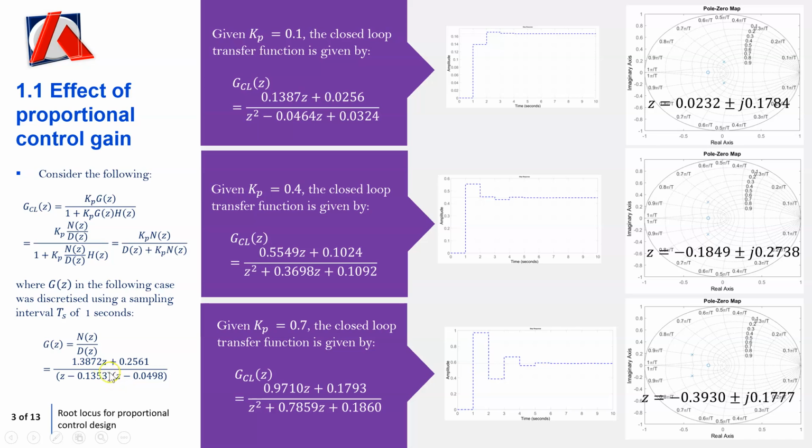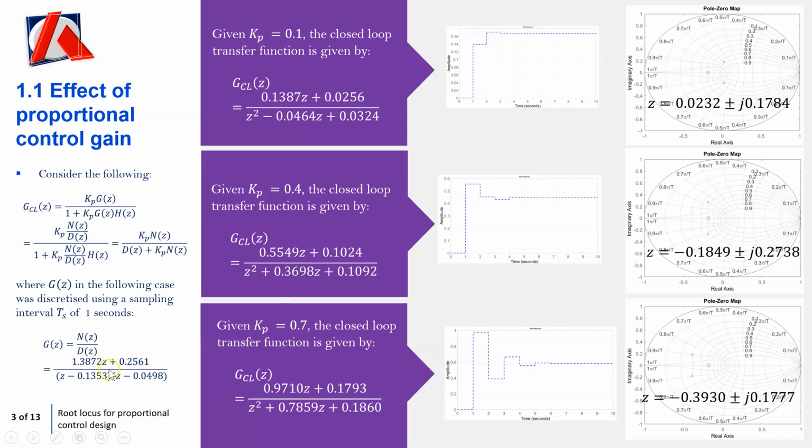You'll notice it has real roots, so it's going to give me a response with no overshoot. I've initially run 3 different kp values in the system: kp 0.1, 0.4 and 0.7.